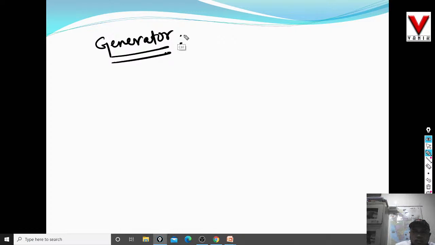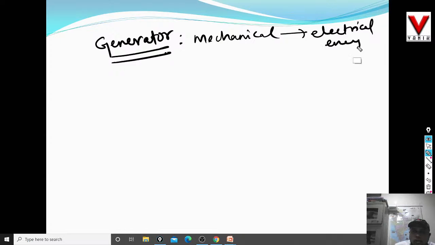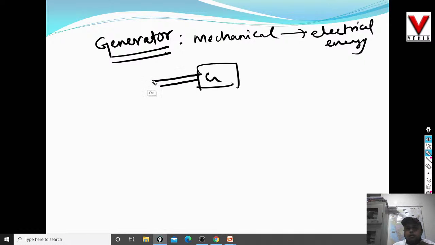Say in a generator, mechanical energy gets converted to electrical energy. Now see, this is my generator. This generator is actually coupled with an engine. When I run this engine, this is a shaft, and this shaft starts rotating.